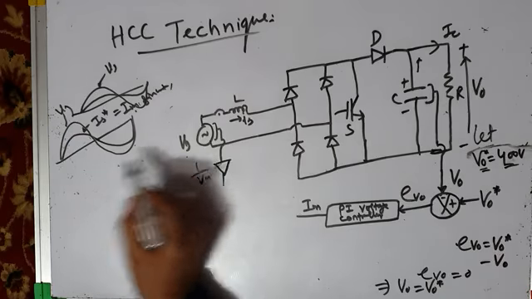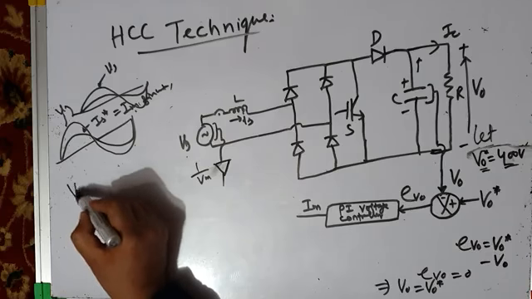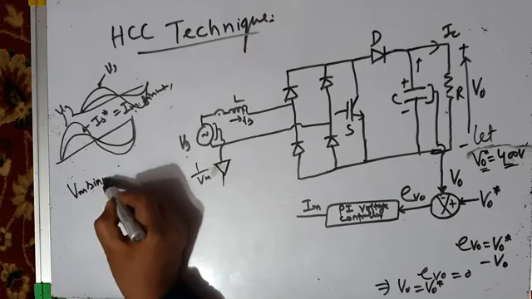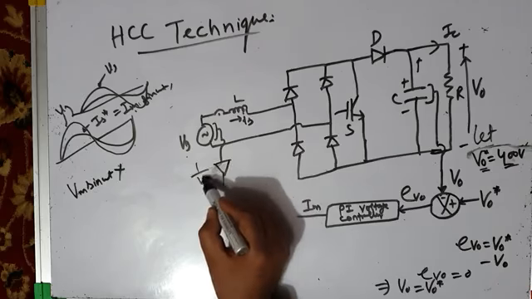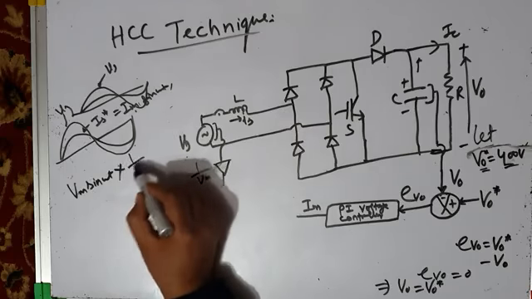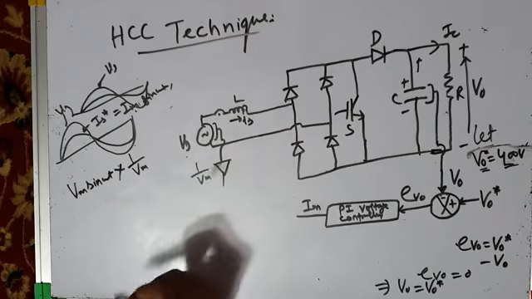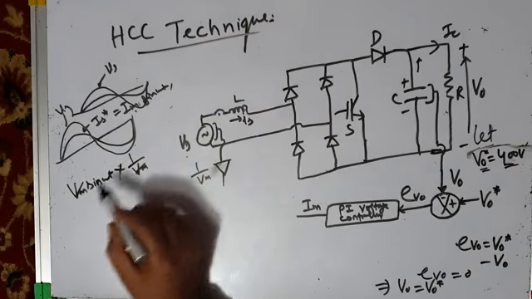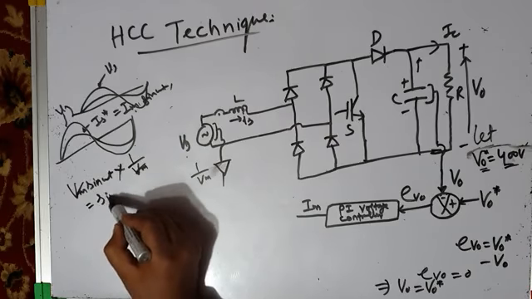So what is Vs? Vs is Vm sin omega t, we already know. We are multiplying it by a gain; it's a gain block, and its gain is 1 by Vm. Vm is the peak of the source voltage. Vm and Vm cancel, so this is equal to sin omega t.